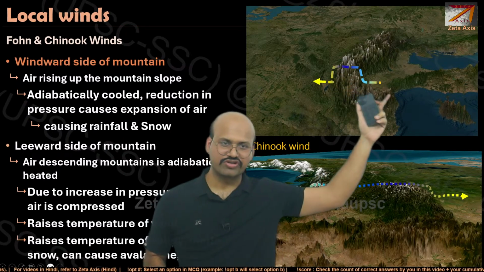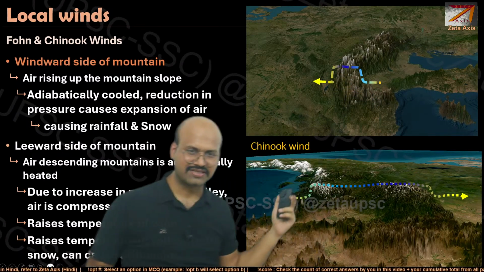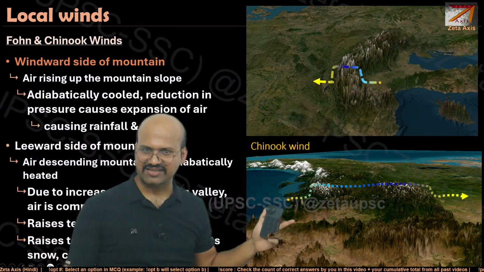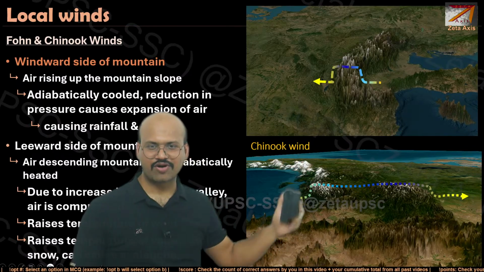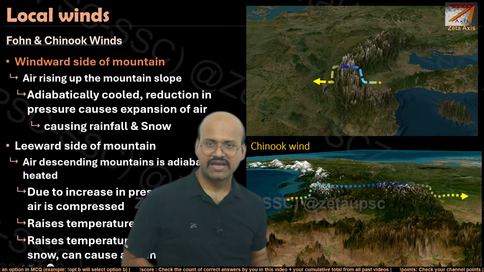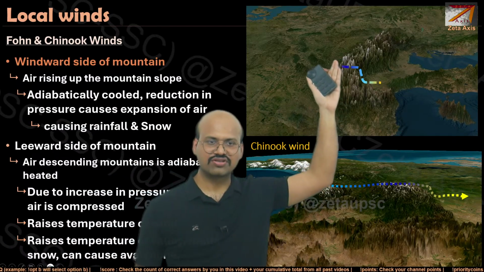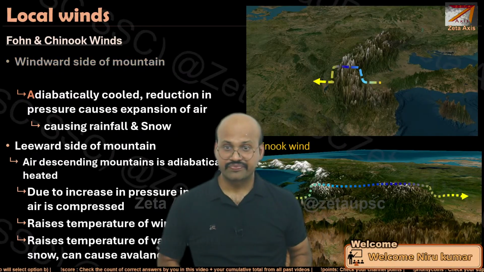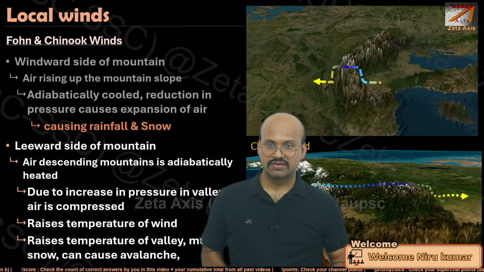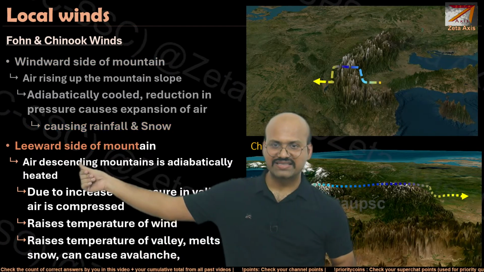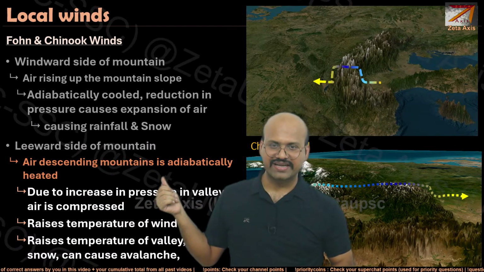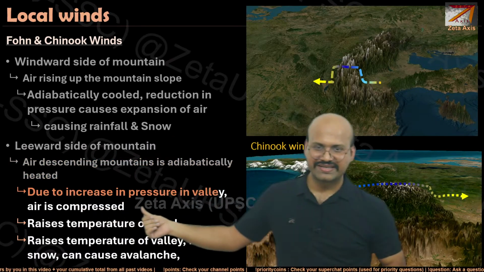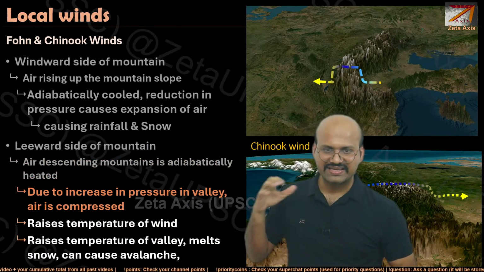It also carries moisture because it is coming from the ocean. Similarly, over here, it is coming from the ocean, it carries the moisture, it is rising up the mountains, it is getting cooled down. Now on the leeward side of the mountain, that is on these sides, air is descending the mountains and it is adiabatically heated due to increasing pressure in the valley, and air is compressed.